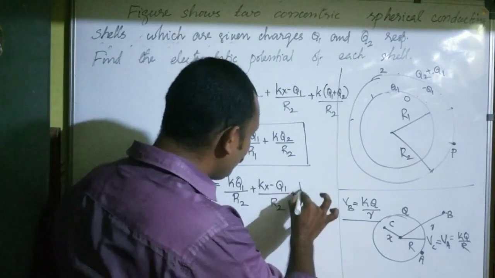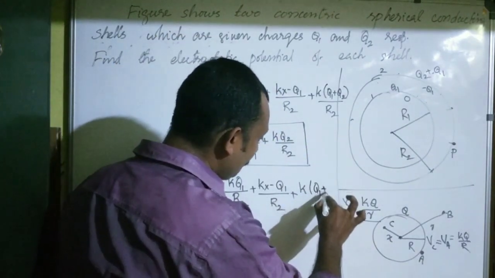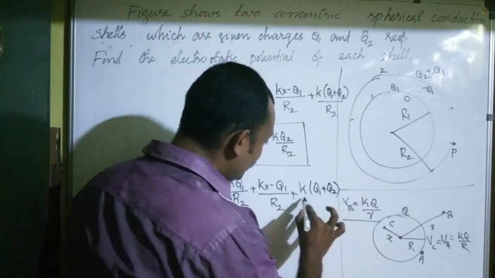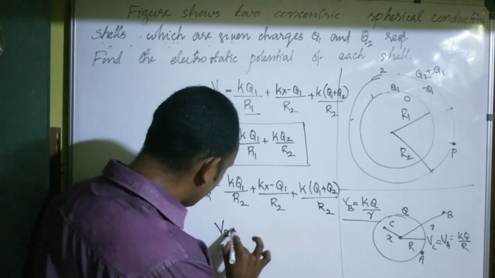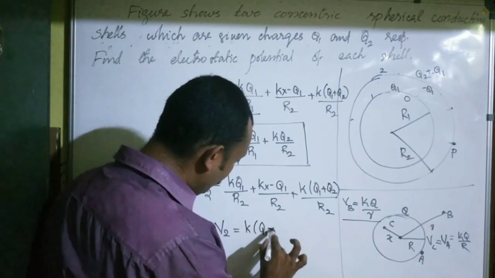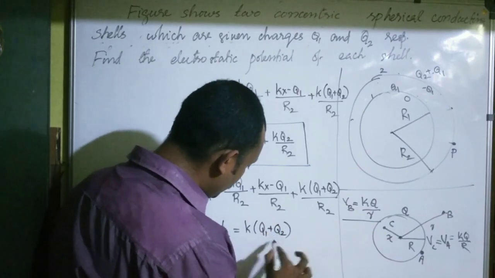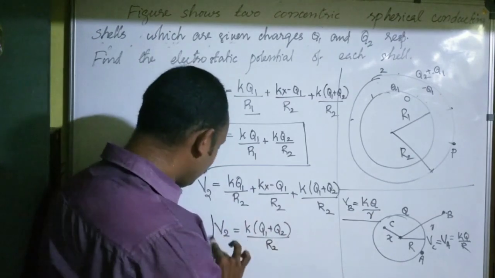So this will give you K into Q1 plus Q2 divided by R2, and finally we are at the answer, which is K into Q1 plus Q2 divided by R2, because these two terms cancel.